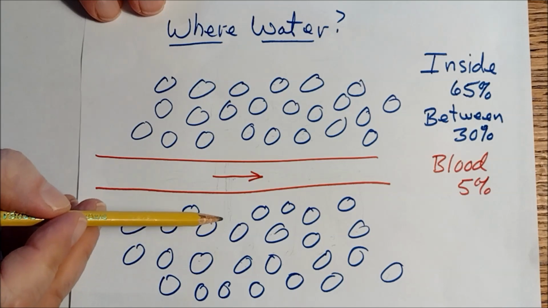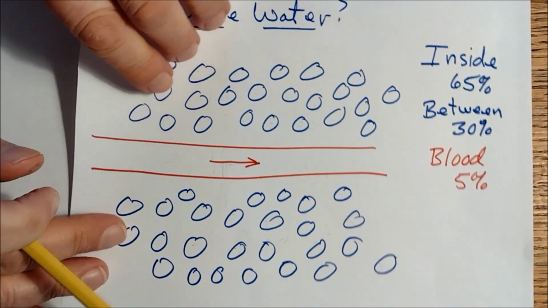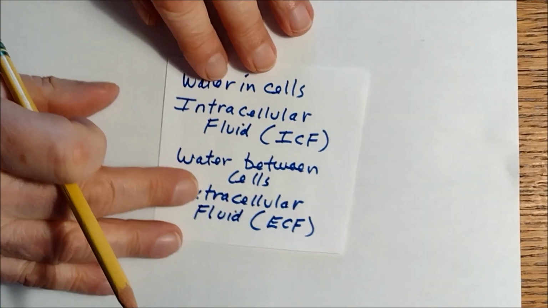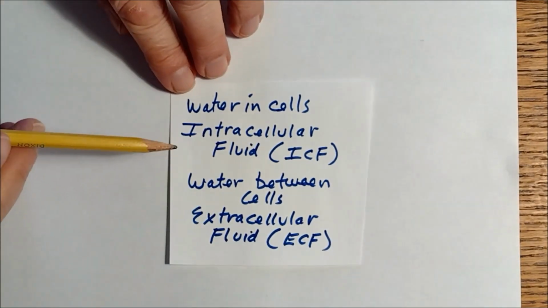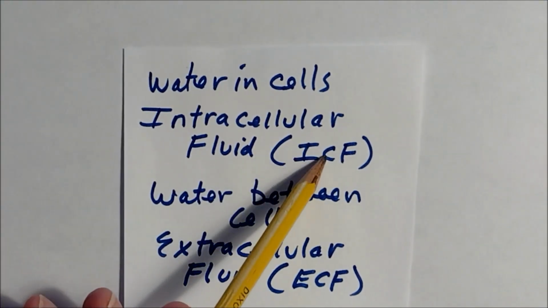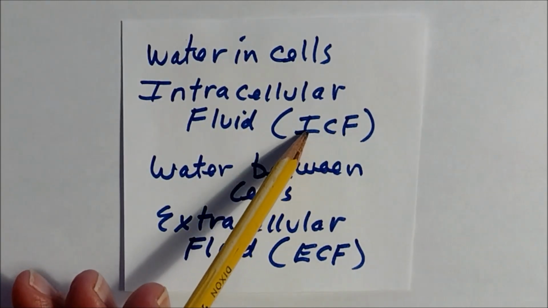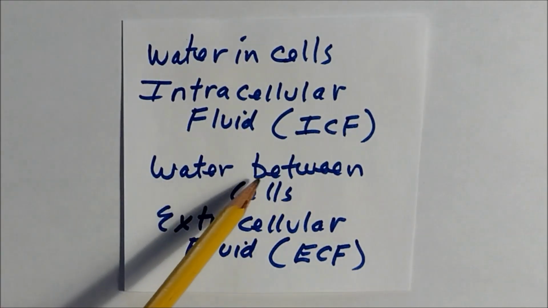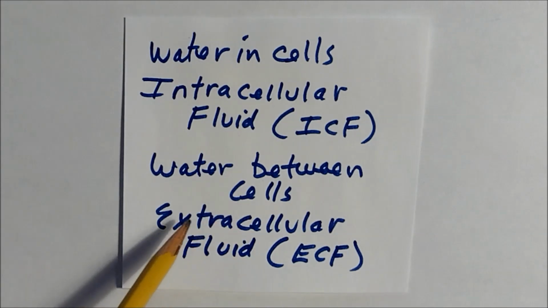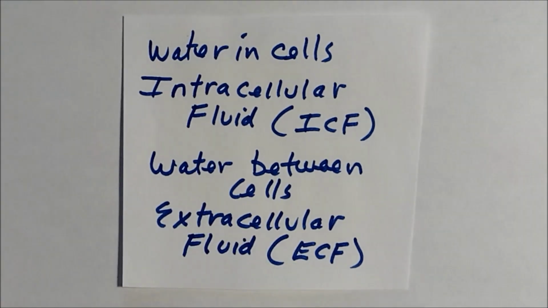Let me show you how that's spelled. Intracellular fluid, we abbreviate ICF. Scientists use these terms all the time, ICF. And the water between the cells, we're going to call extracellular fluid, or ECF, okay?